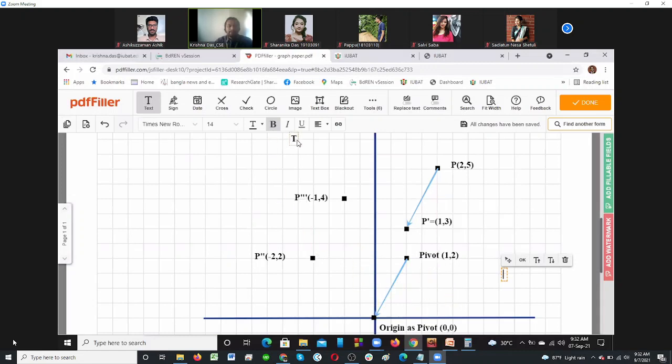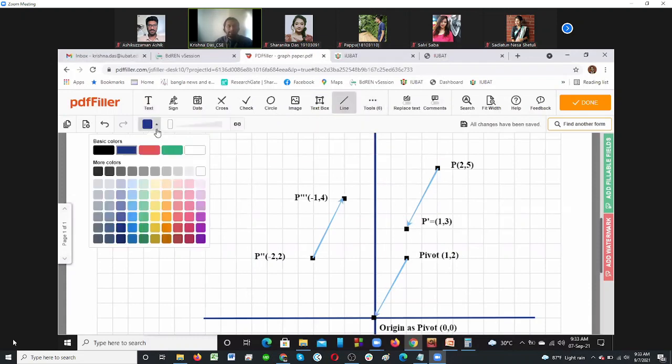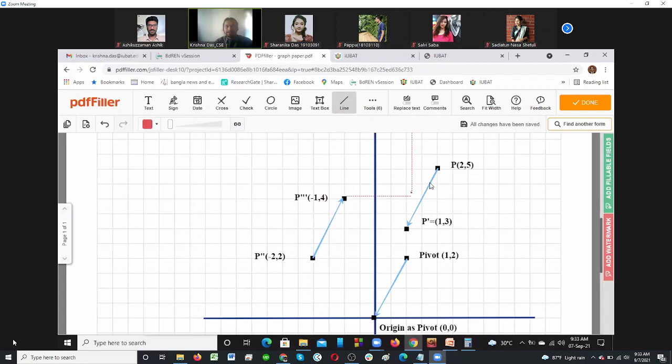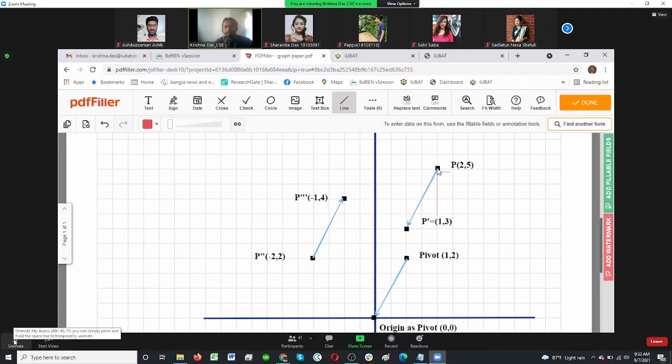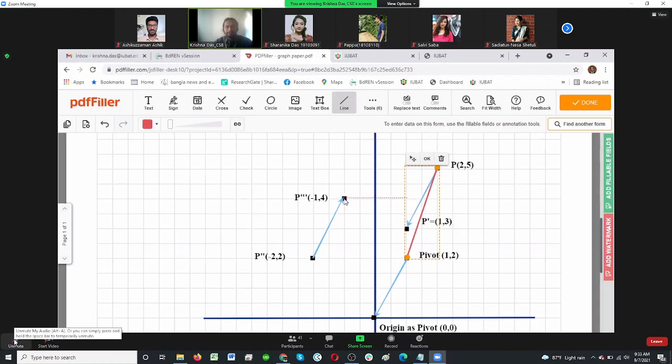Now what have we done here? We also moved this point with the same translation factor from here to there. Now if we try to show what we have done in these cases, you can see here the question says to have a 60-degree rotation from this point to this point.